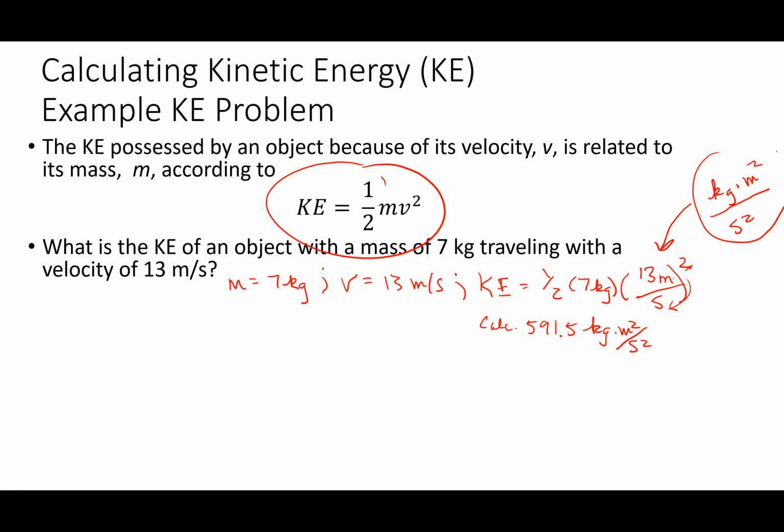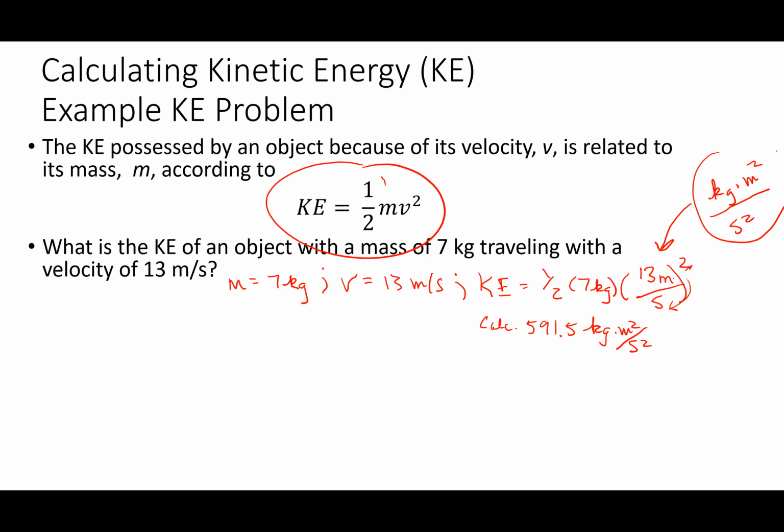Yes. So how many digits, looking back at the numbers here, 1/2, 7, and 13, how many digits should I be allowed? Just one, as far as I can tell, if we're doing it according to the rules that science uses. But if you wrote 592, you'd get it right.